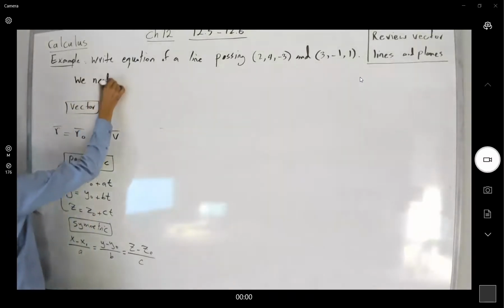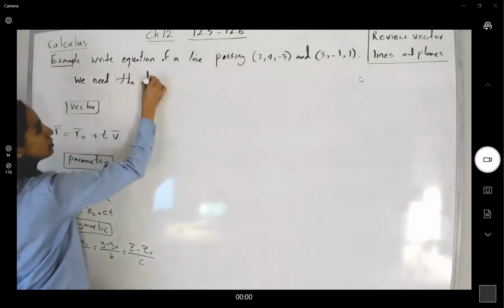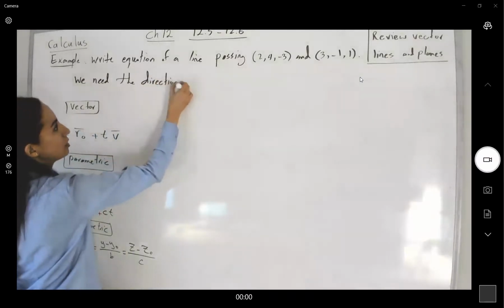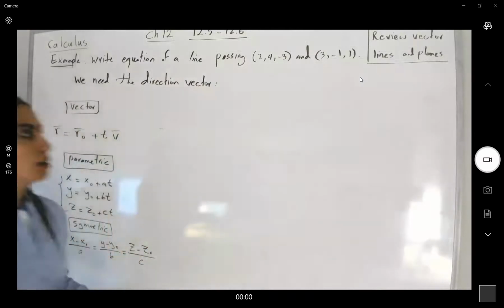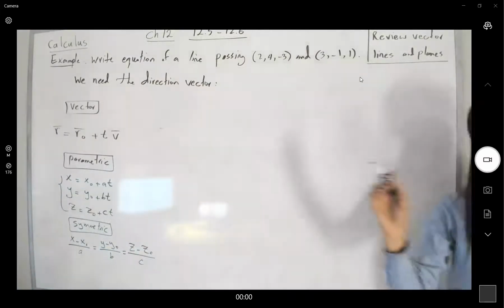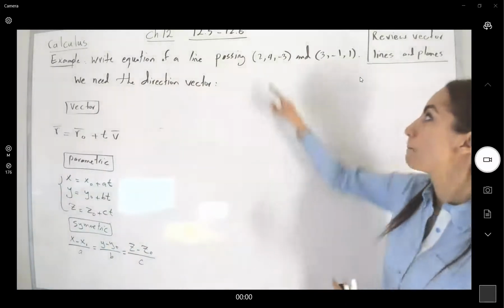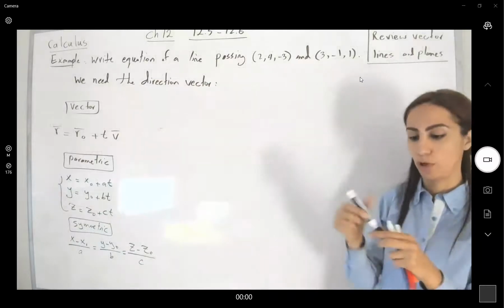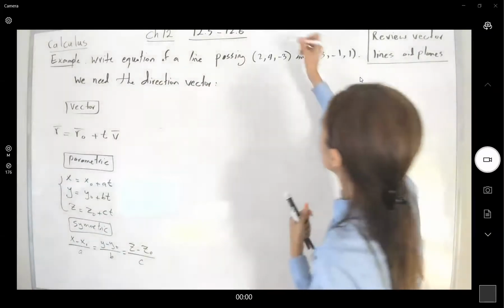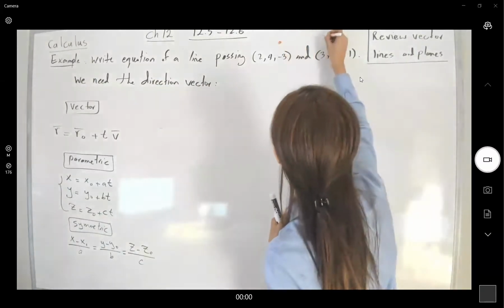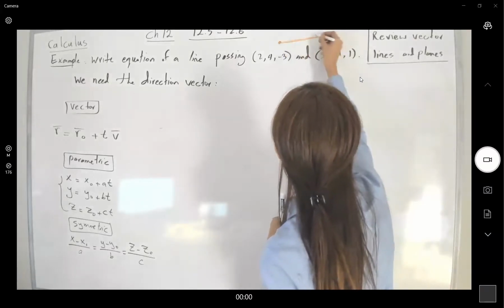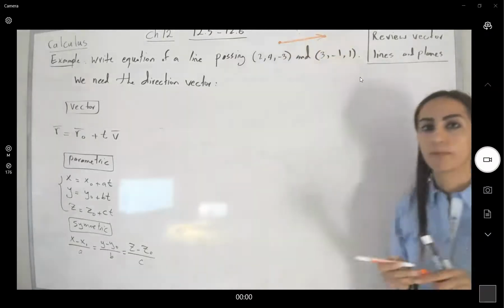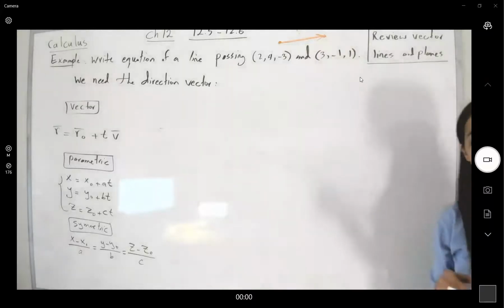It means that we have to find the components of a vector passing through these 2 points. So this is the initial point, and this is the terminal point. We want to find this vector. What are the components of this vector?